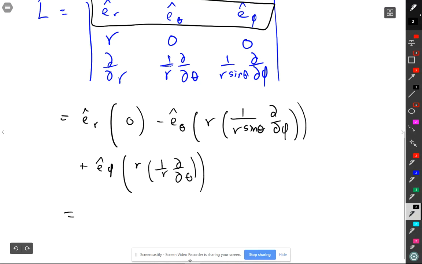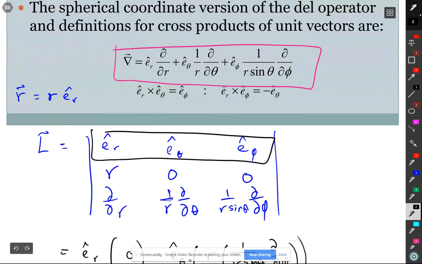So this is equal to 0 in the e r direction. 1 over r, well, the r's cancel. And I have in the theta direction 1 over sine theta d phi. I'm pretty sure I have my phi and my theta backward here.